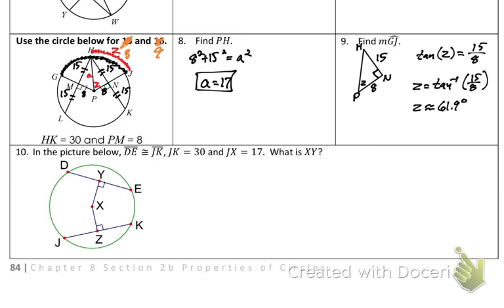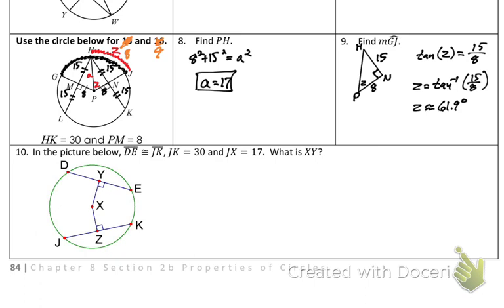Is our answer 61.9 degrees? Oliver, you said no. What do I have to do to 61.9 to get my full answer? Not round it. Can someone help Oliver out? Ben? I need to double it.